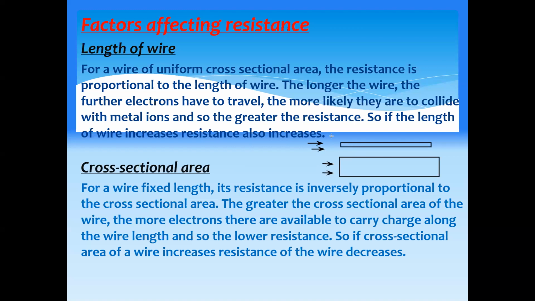But if you have a large cross-sectional area, they will have greater spacing between them, which reduces the repulsion, so net resistance will decrease. When the charges are closer to each other, they have more repulsion. Like charges repel each other, which slows down the movement of the charges through a conductor and increases the resistance of the conductor.